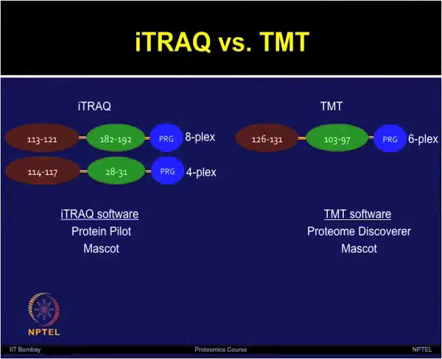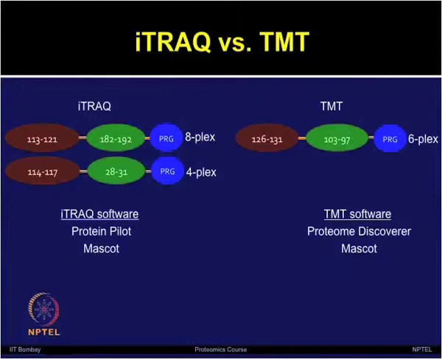Now, in iTRAQ, the reporter in the 4-plex consists of 114 to 117 Daltons. The balancer is between 28 to 31 Daltons, whereas in 8-plex the reporter is from 113 to 121 and the balancer is from 182 to 192.